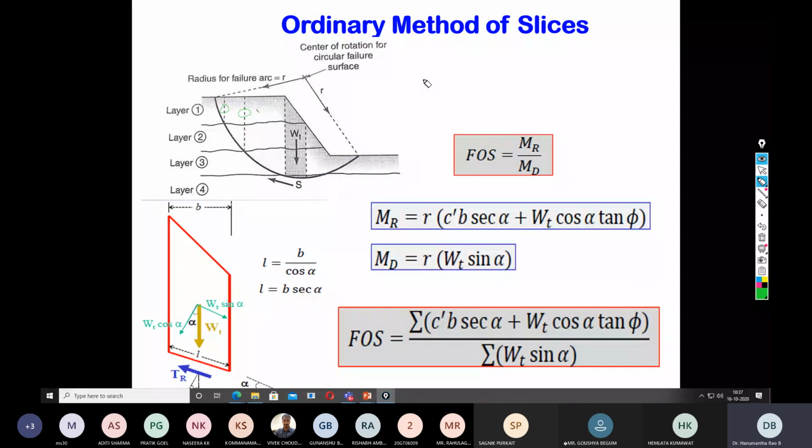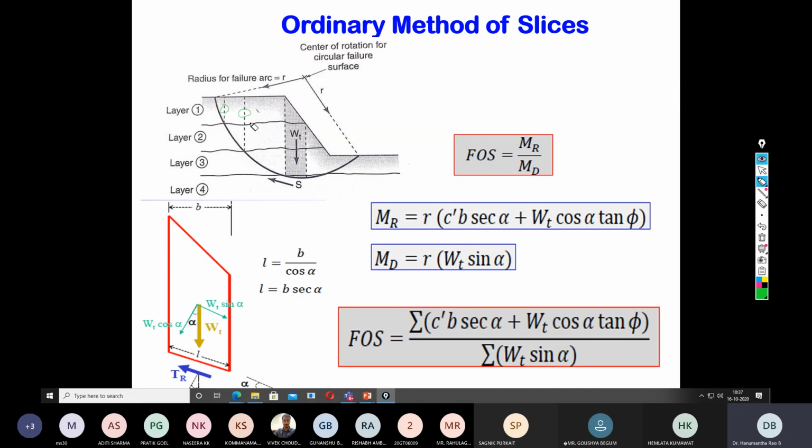Okay, one more thing you need to understand. When I have considered different slices for analysis purposes, the weight of each slice is different. When the weight component is different, it is obvious that the normal and tangential forces that act on its subsequent slice must also be different.